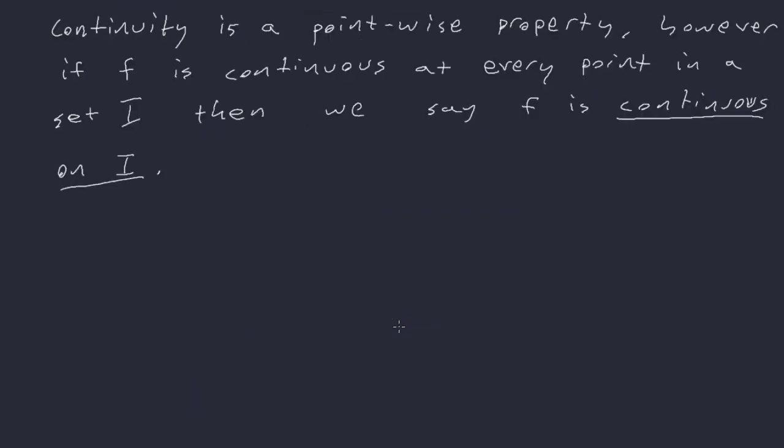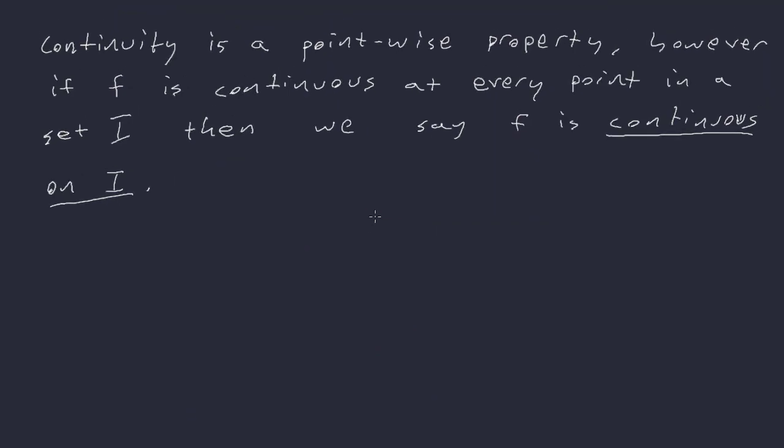Now you may have noticed that unlike in pre-cal, where we would usually talk about is a function continuous or not, it was usually presented that way. It's one or the other. Is it or isn't it? Here, continuity in a more formal sense is actually a point-wise property.